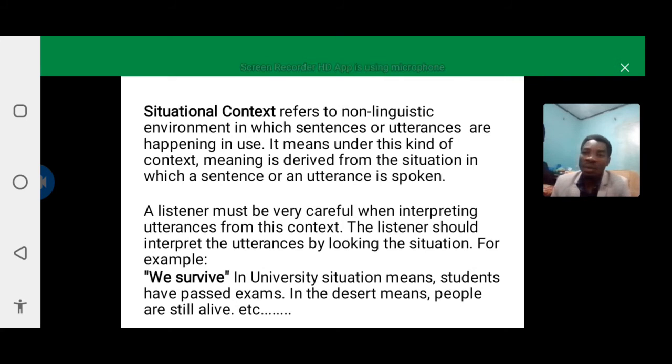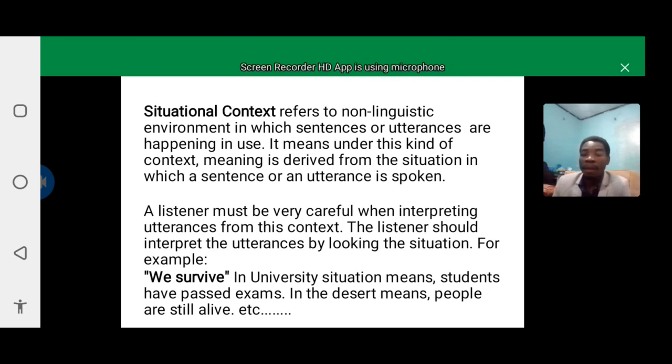While situational context refers to the non-linguistic environment in which sentences or utterances are used. It means under this kind of context, meaning is derived from the situation in which a sentence or an utterance is spoken.